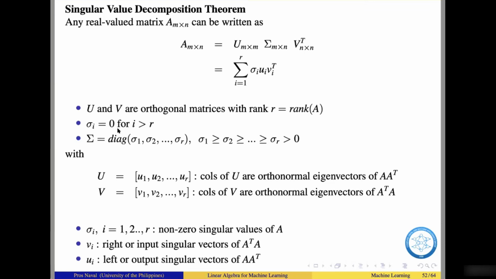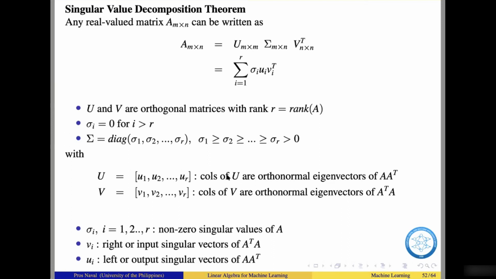And for i greater than r, where r is your rank, the singular value is 0. So the columns of U are called the left singular vectors, while the columns of V are the right singular vectors.